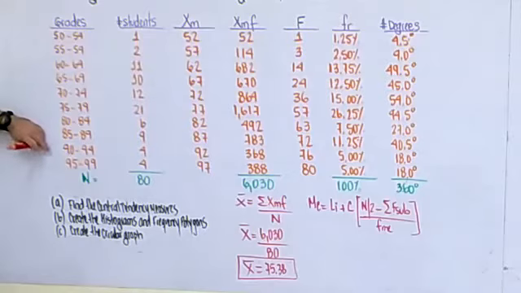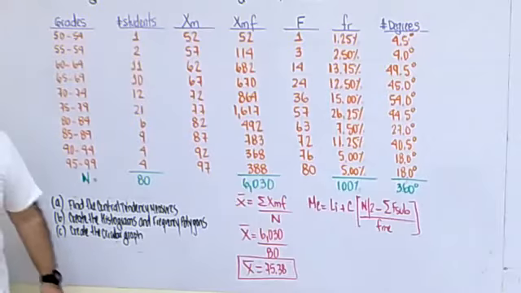Remember, before applying that formula, we have to determine the position of the median. If the quantity of students is an even number, the position of the median will be determined by dividing n over 2.